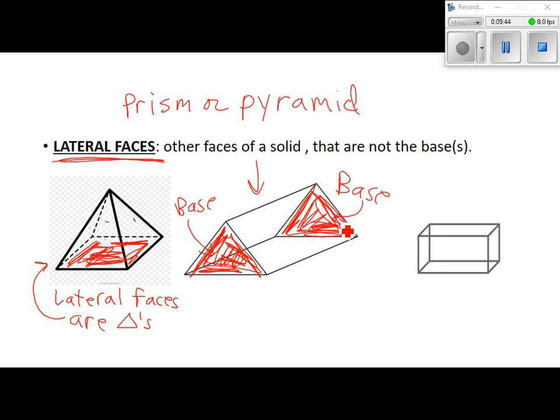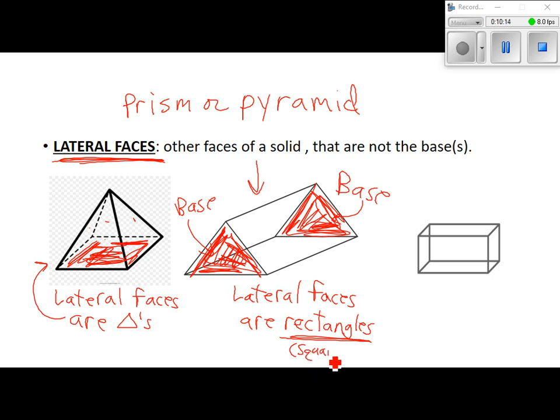All of the rest of the faces are the lateral faces. And this works for any prism. In any prism, the lateral faces are rectangles. And remember, when I say rectangles, it could also be a square, because a square is a rectangle.